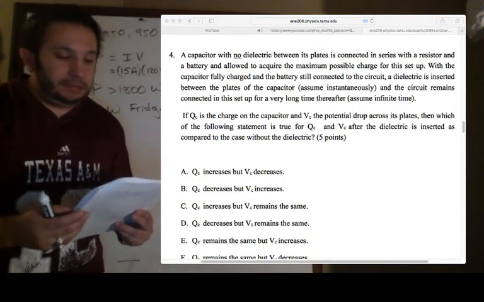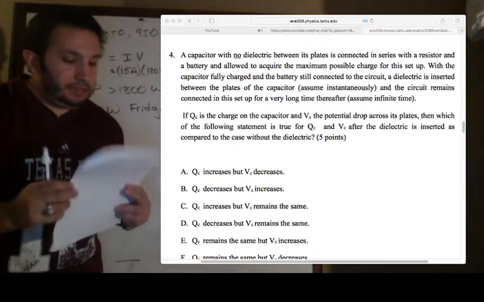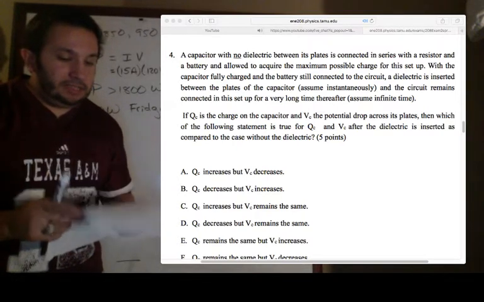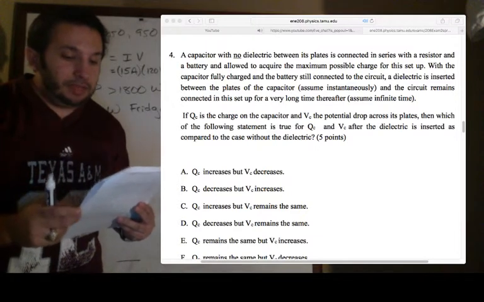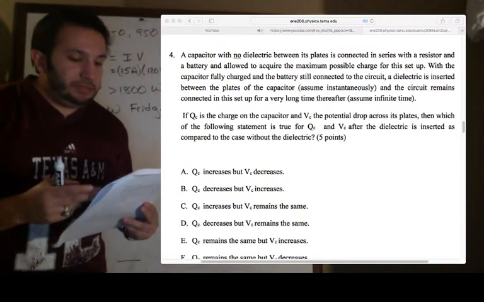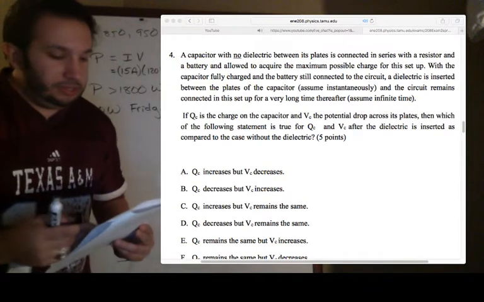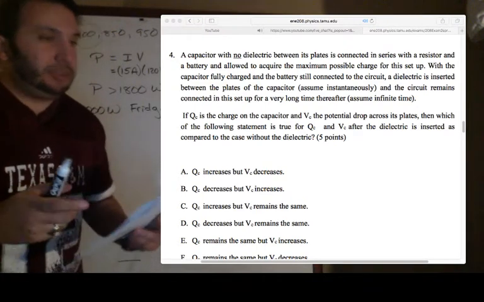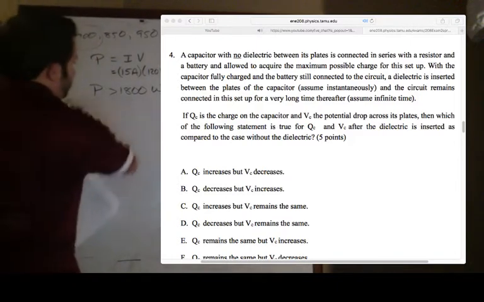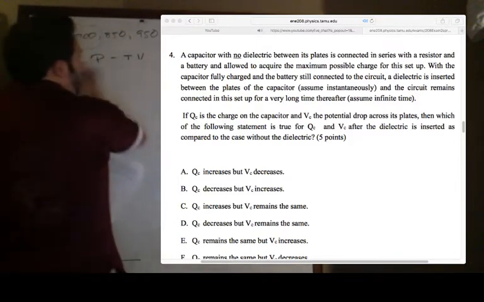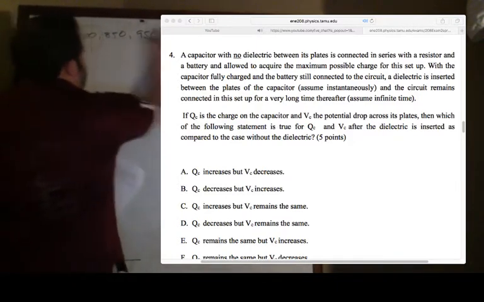If QC is the charge on the capacitor and VC is the potential drop across its plates, then which of the following statements is true about QC and VC after the dielectric is inserted as compared to the case without the dielectric? Okay. So what is a dielectric? What exactly does it do?